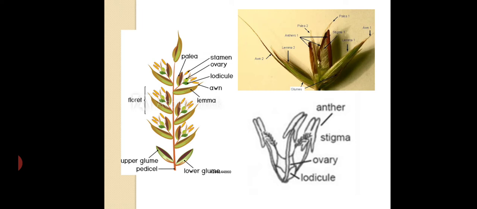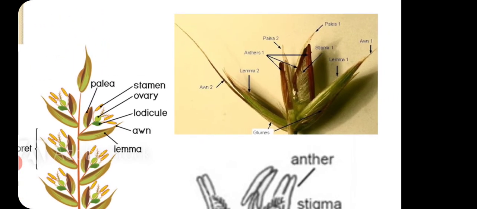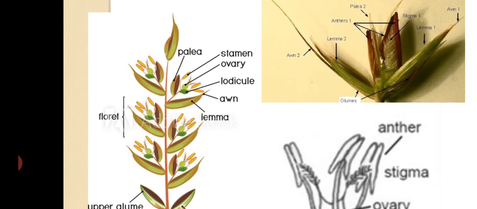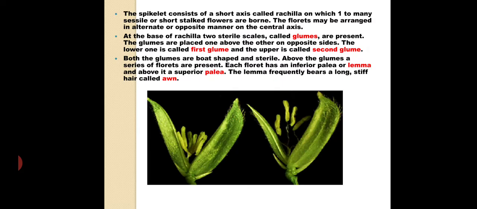Sometimes panicles or spikes are also there, and the spikelet is the ultimate unit of inflorescence. So each one is called a spikelet. Here we can see this original spikelet.